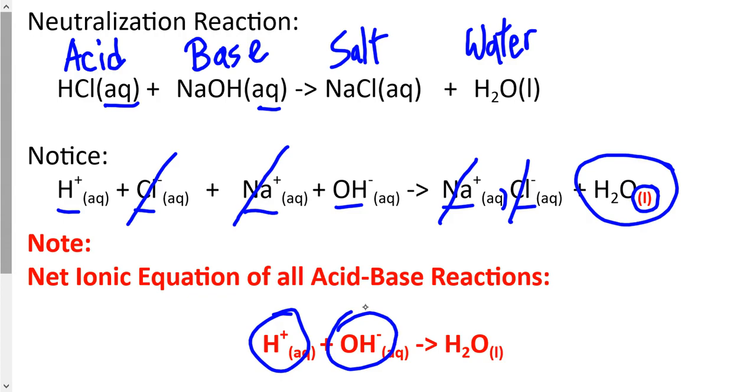And together they will form water. Again, if you look at the chemical reaction, HCl is an acid, so HCl will produce hydronium ion. Sodium hydroxide, which is a base, it will produce hydroxide ion, and together they will form water.